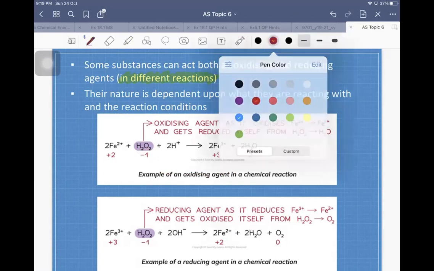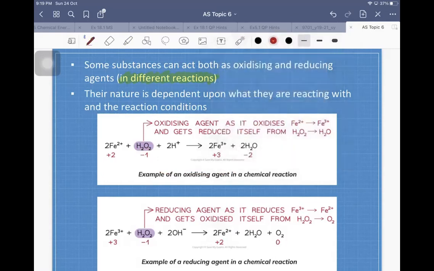I should point this out. Oxidation number of oxygen is -1. Hydrogen is +1. So you go from -1 to -2. That is a reduction because oxidation number decreases.